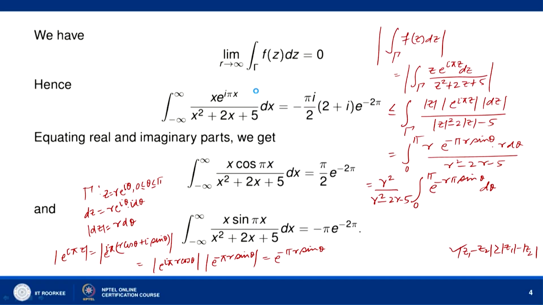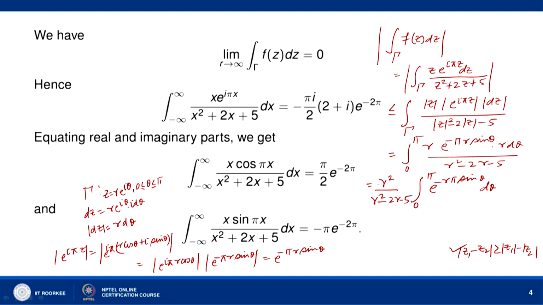Here the denominator has only 1 degree higher than the degree of the numerator. When the degree of the denominator was at least 2 units higher, we replaced e to the power minus r pi sin theta by 1, since this is always less than or equal to 1.